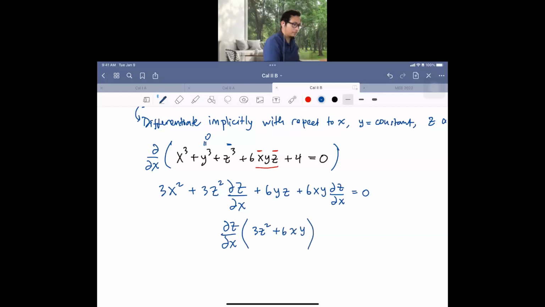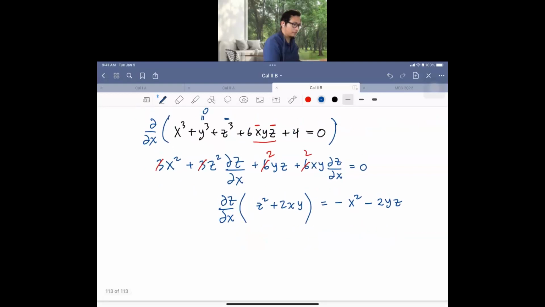Or maybe let me cancel all with this. So okay, we'll have z squared plus 2xy, and this will be equal to minus x squared minus 2yz, and that's going to be our equation for dou z over dou x.